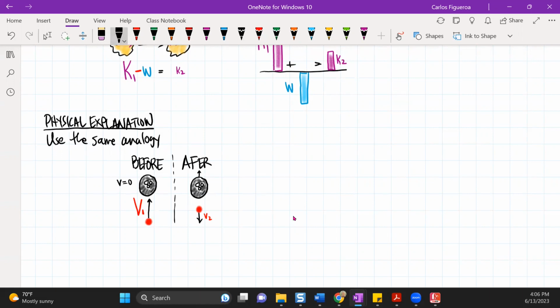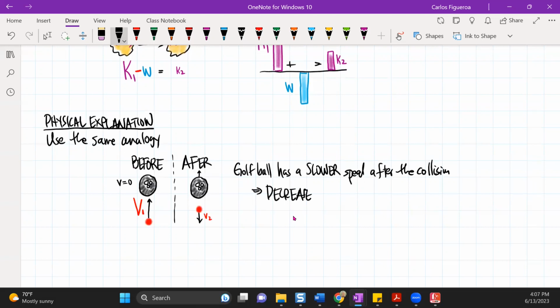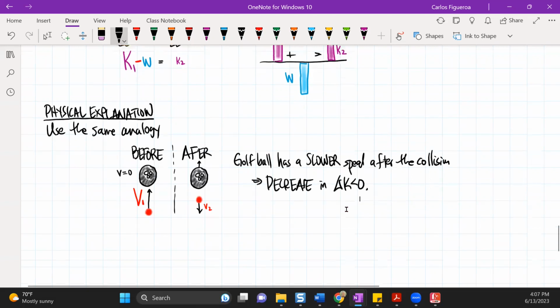So the golf ball has a slower speed after the collision. Therefore, that has to be a decrease in K micro, or just kinetic energy. That's using arguments of momentum.